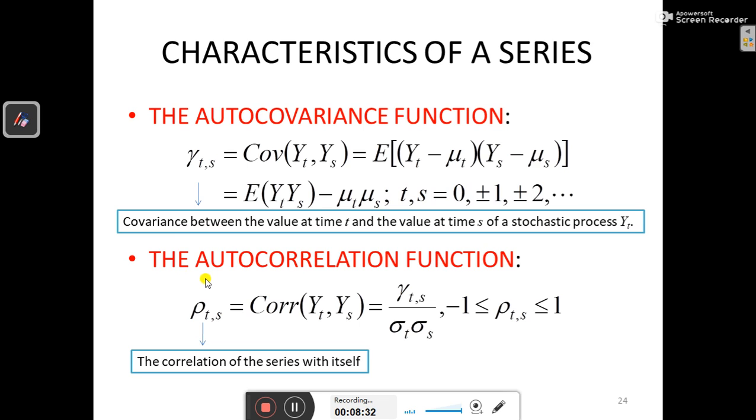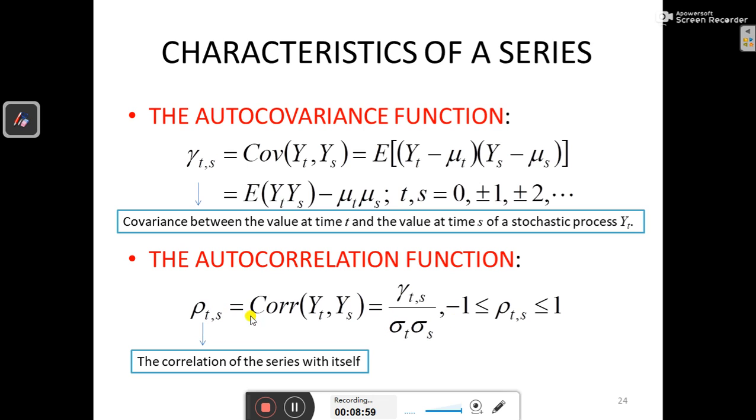And also there is the autocorrelation function, the correlation of the series, this is rho(t,s), the correlation of Yt and Ys, equal to the autocovariance value here divided by sigma t and sigma s, the standard deviations.